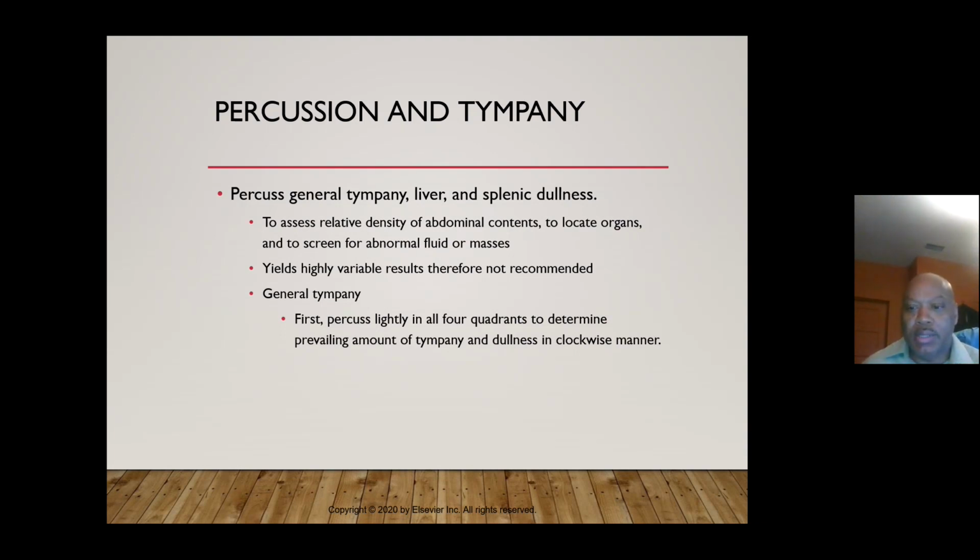Now, tympany should predominate because air in the intestines rises to the surface when the patient is in the supine position. And then, of course, dullness occurs over a distended bladder.